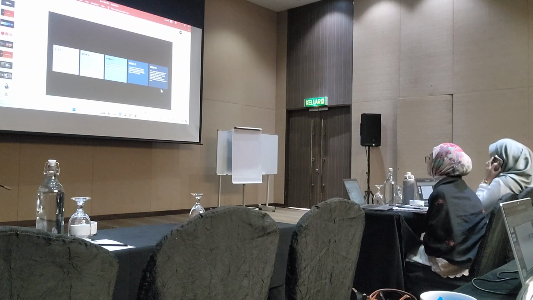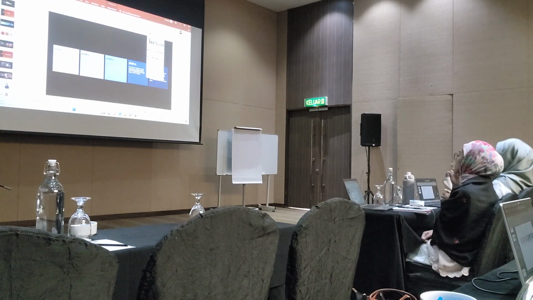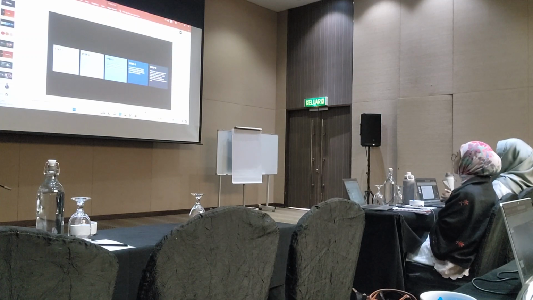Now, for those who are a bit sharp, you would have noticed kalau ada 5 boxes, bolehlah pakai, because the theme colors pun it only has 5 color tones. So what if you have a step 6, where you have to do a darker color. Alright, so this is the last color lah from that standard PowerPoint template. So if you have to do a step 6, this is how you go about it.